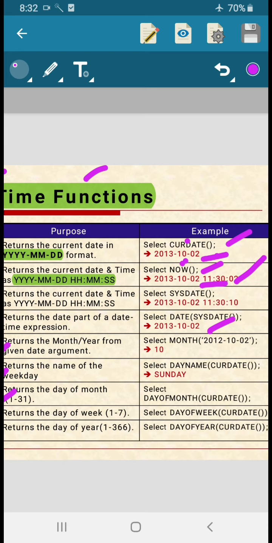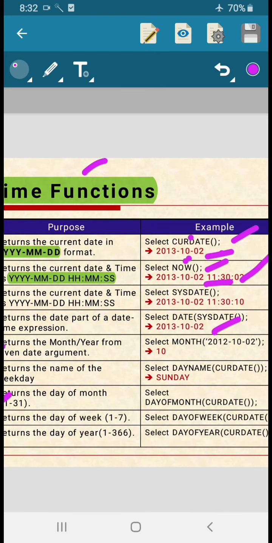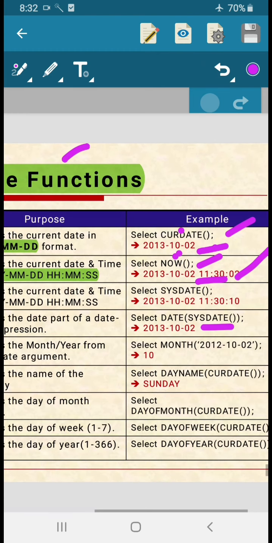Because system date generally displays date and time, whereas date has a parenthesis, and in that parenthesis it takes a parameter. What is the parameter? The system date function, whatever value it returns, that is 2013 10 02 11 30 10 seconds. Then it removes that time and gives only the date.